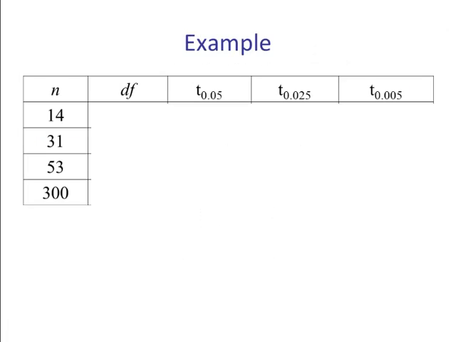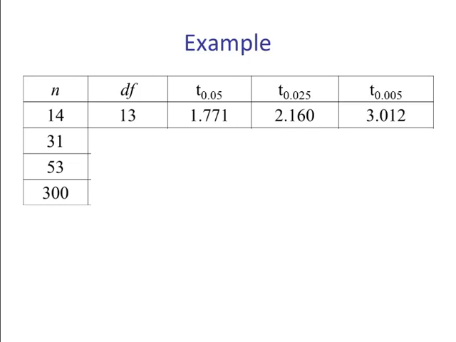Okay, let's do some examples here, reading in the table. If the sample size is 14, our degrees of freedom is 13, and these are our corresponding t values for 13 degrees of freedom. Again, this corresponds to a 90%, this is for a 95% confidence interval, and this one will be a 99.